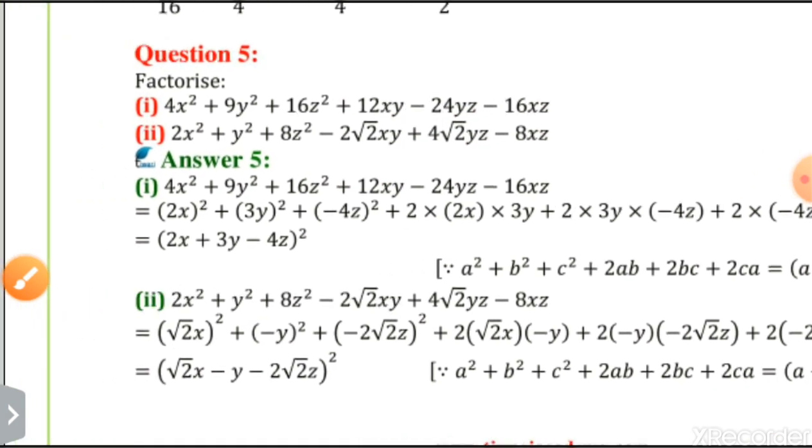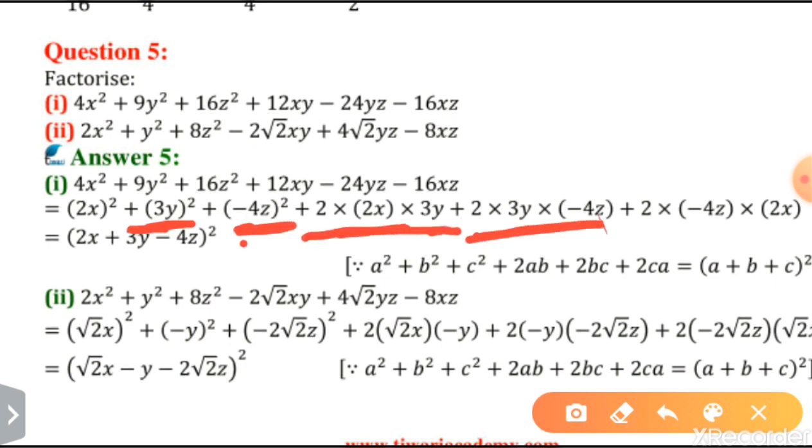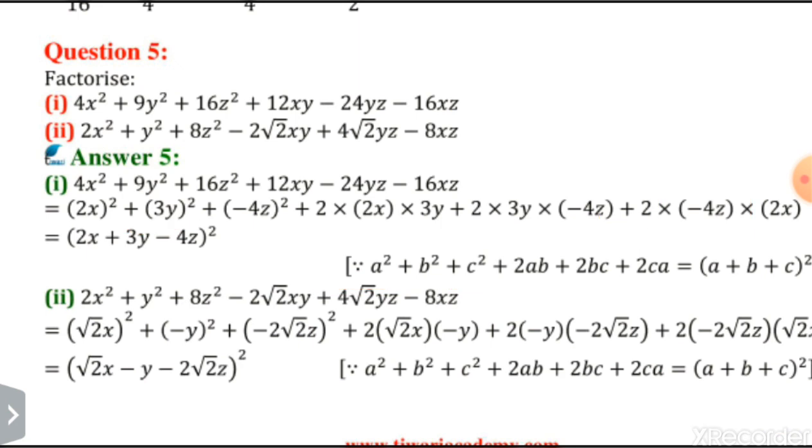So see, now how we will write the question: it is in the form of 2x square plus 3y square plus (minus 4z) square plus 2xy plus 2yz plus 2zx, but in place of z you will always write minus 4z. And now you will write finally (2x plus 3y minus 4z) whole square. This will be the answer, and you have to write the identity also in your copy.